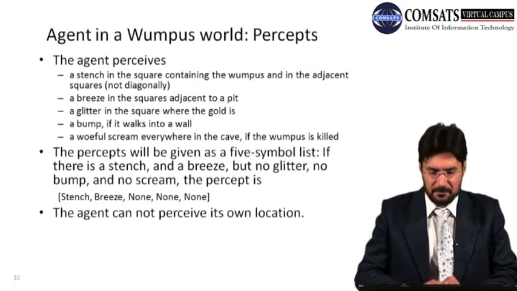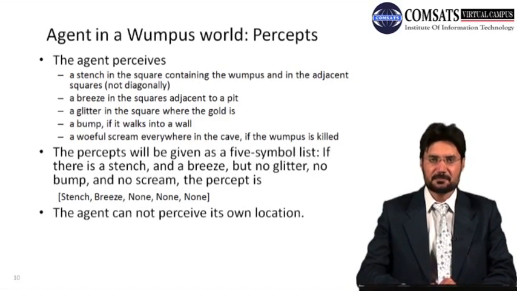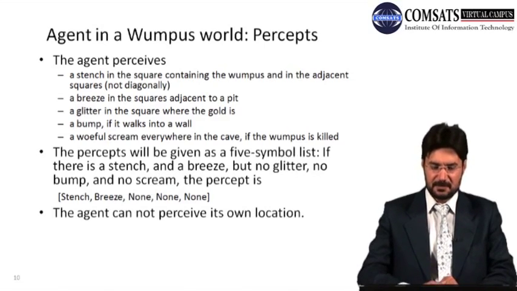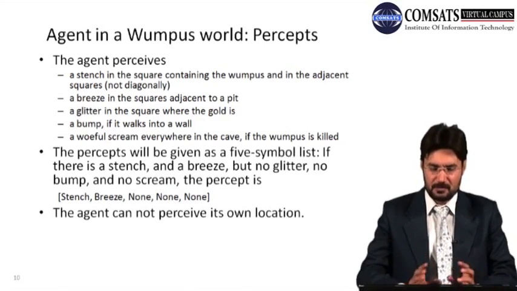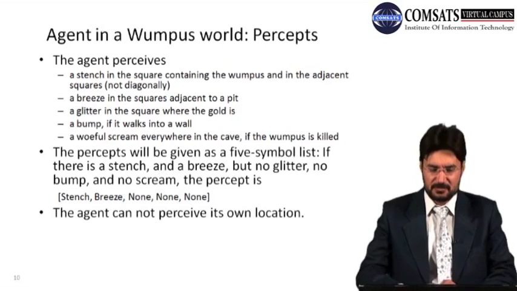So perception will be given as a 5-symbol list. If there is a stench and a breeze, but no glitter, no bump, no scream, the percept is that. So perception will be in simple 5 symbols, and from these 5 symbols we will understand what there is in a specific square.